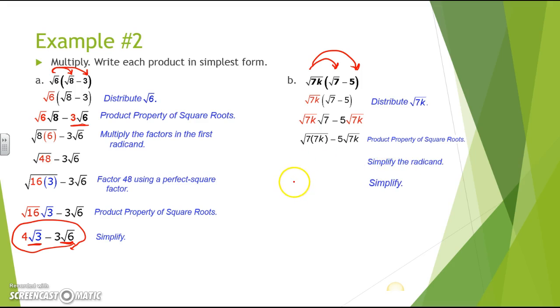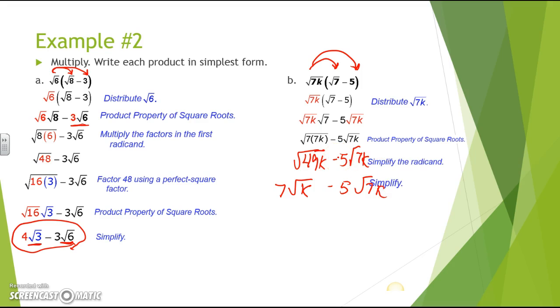So what I'm going to have is the square root of 49k minus 5 times the square root of 7k. So the square root of 49k is going to be 7 times the square root of k, minus 5 times the square root of 7k.